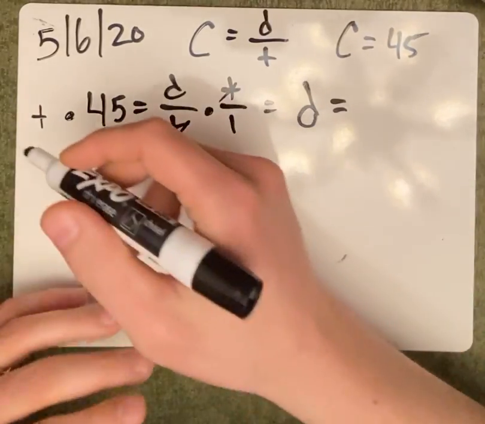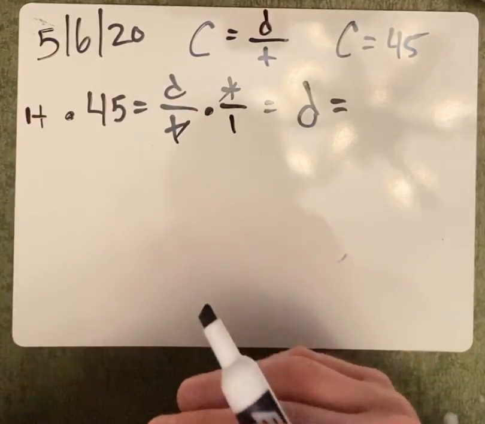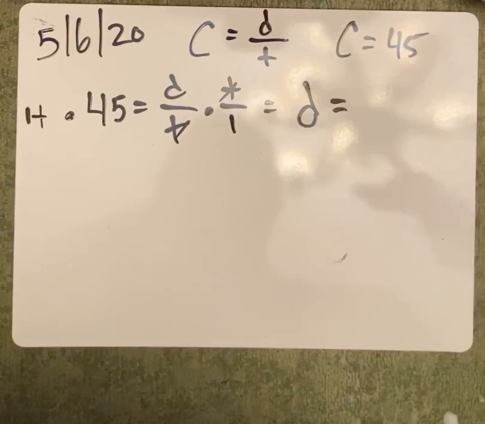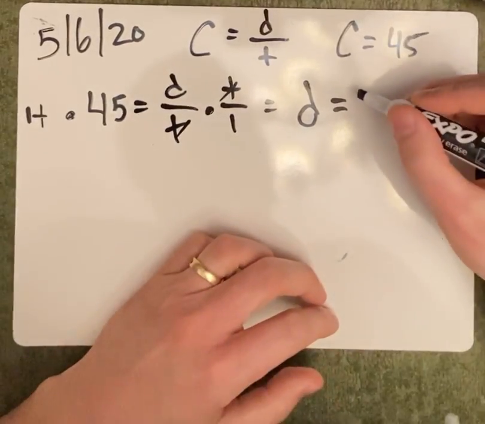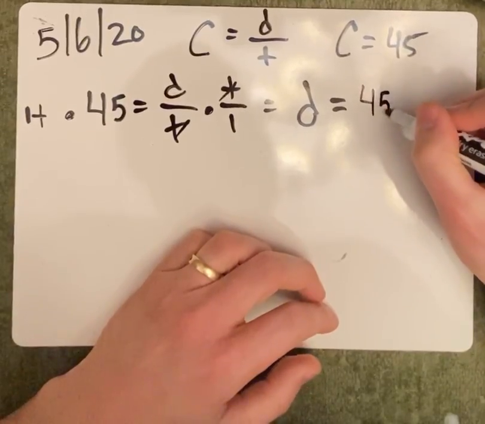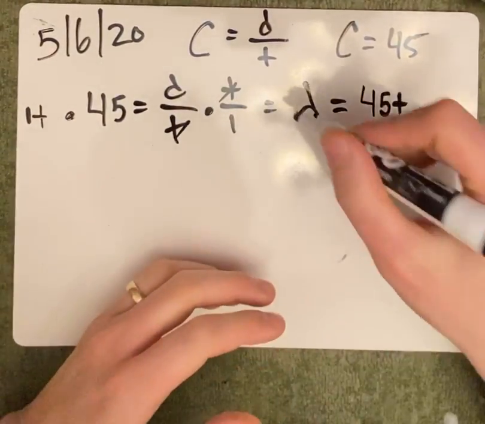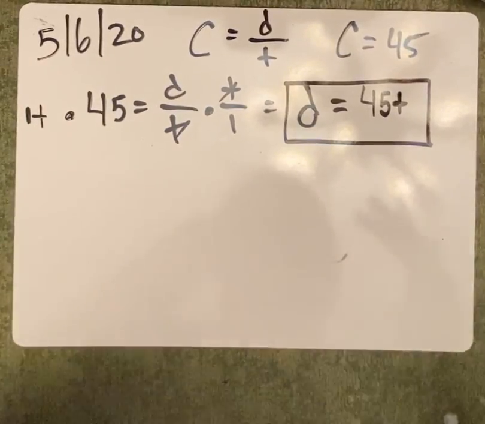If you're confused, remember there's always a hidden 1 in front. There's an invisible 1 always in front of our variables. So what's 45 times 1T? It's just 45T. So part A is this: D equals 45T.